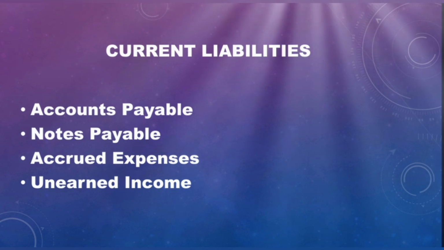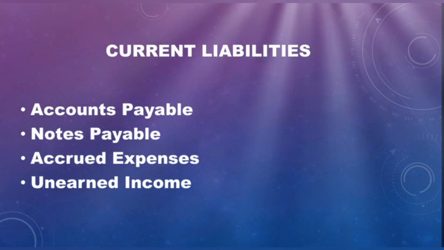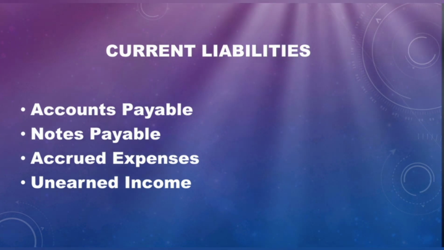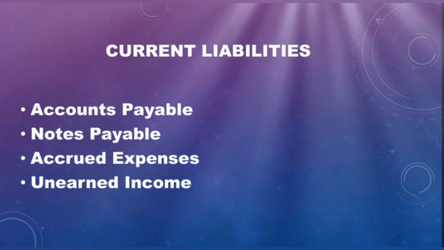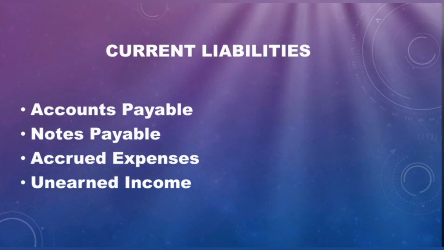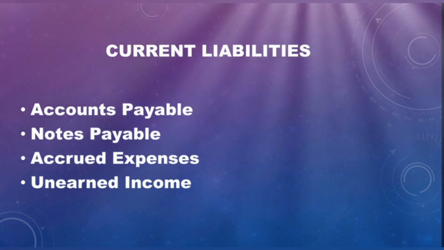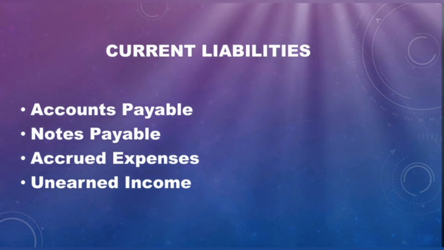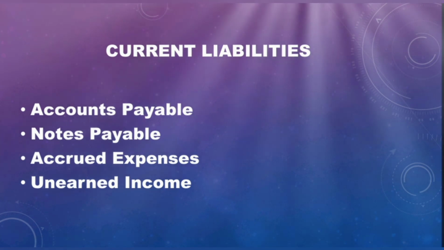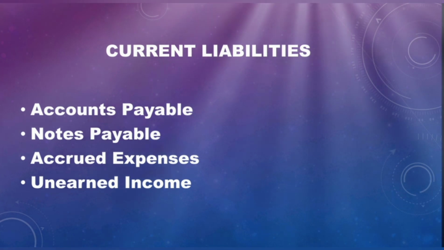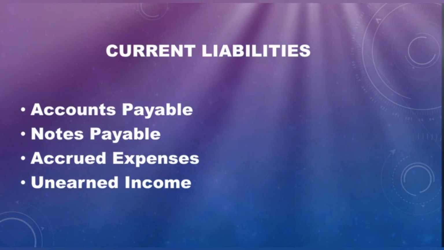Accounts payable are amounts due or payable to suppliers for goods purchased on account or for services received on account. So that is accounts payable. Next, notes payable are amounts due to third parties supported by promissory notes.